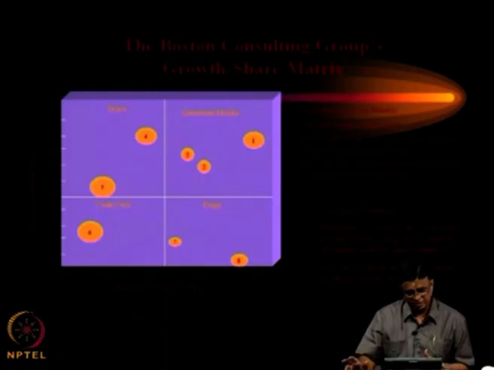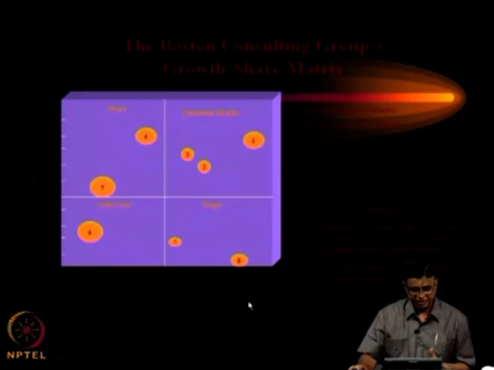That is why it is called a semi-log graph. If you look at this graph, the y axis is normal. The y axis represents the market growth rate. The x axis is the relative market share, which has logarithmic values. So, this is a graph of market growth rate versus relative market share, a semi-log graph.